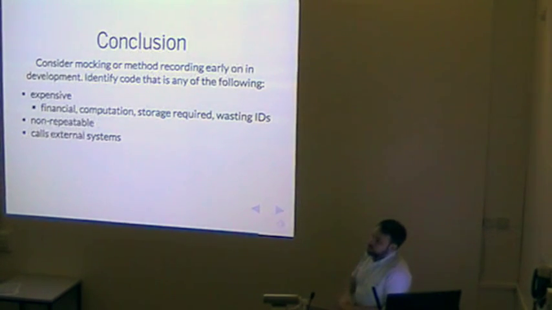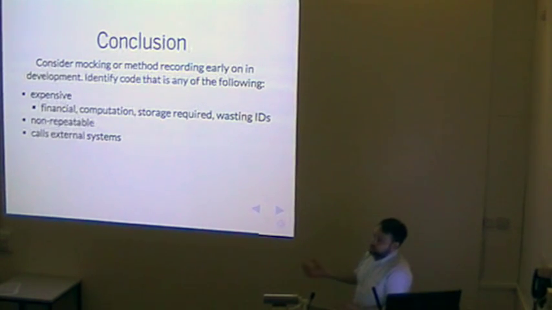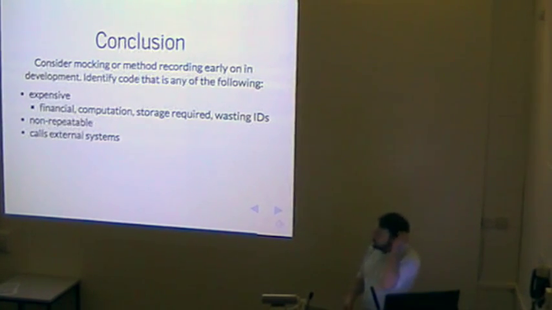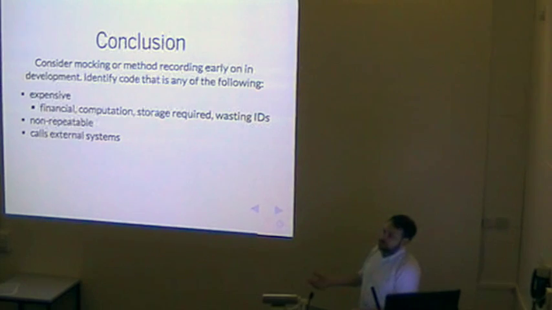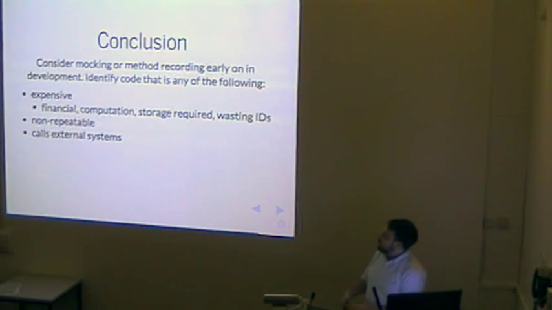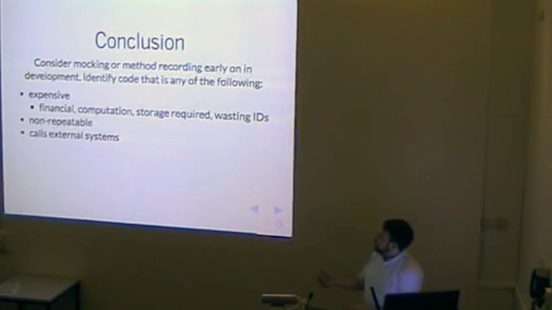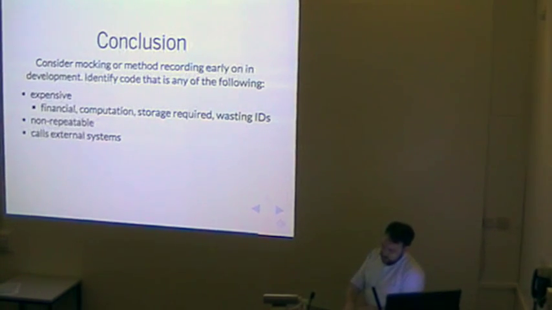Things that call external systems. Has your build server running Jenkins or whatever got access to things, remote APIs, web servers and stuff? If you've ever written CPAN modules, you often get failures from systems that don't have network connections, and you put something in the code to call Google or something, and of course no good on that machine.